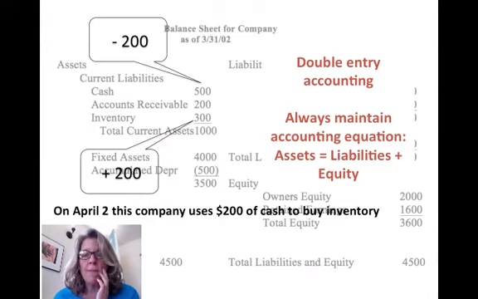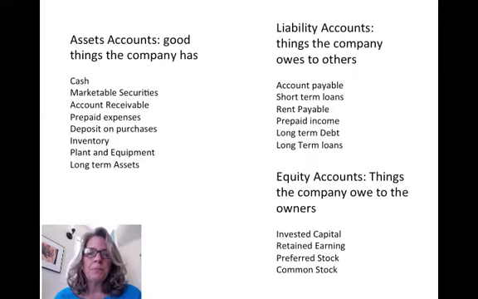This is what generally happens in double entry accounting. There's several types of accounts that you'll be looking at. Always we'll be breaking them into assets, liability, and equity. And there's a list here of possible asset accounts. These are things that the company has in their possession mostly. So cash, marketable securities, accounts receivables, inventory, plant and equipment.